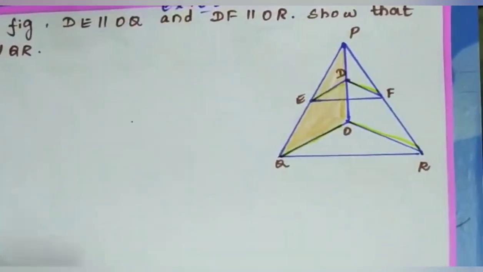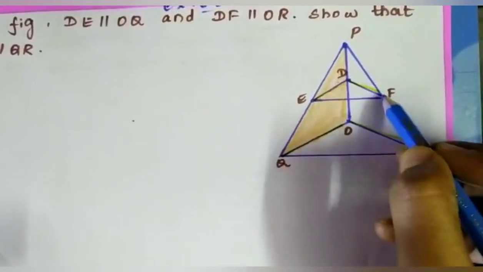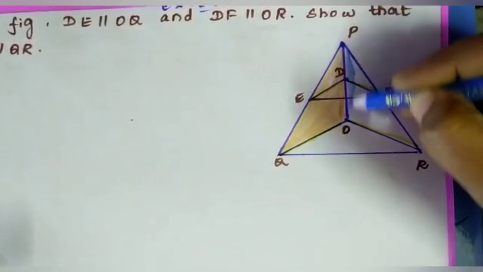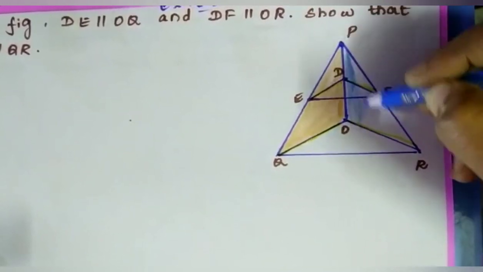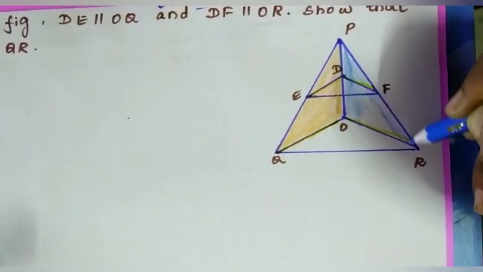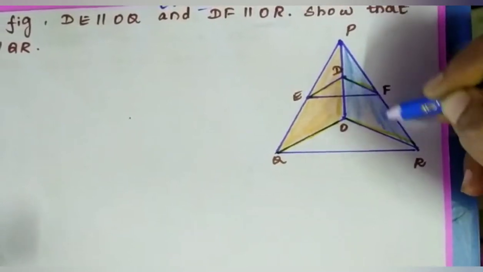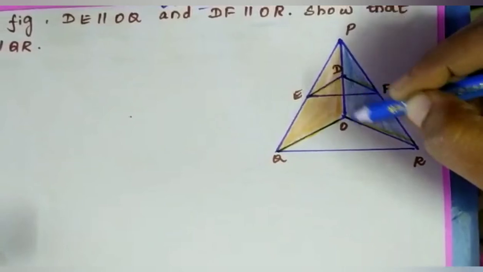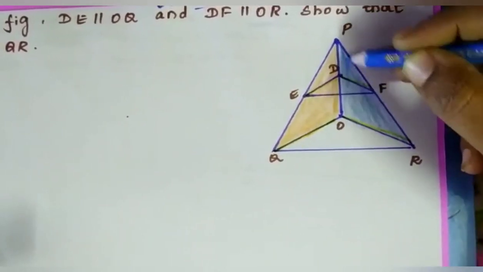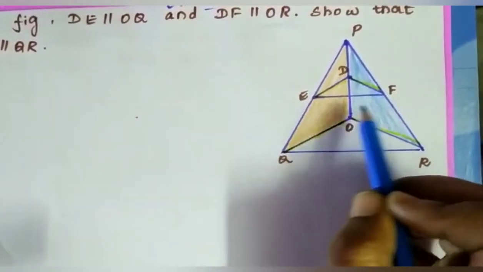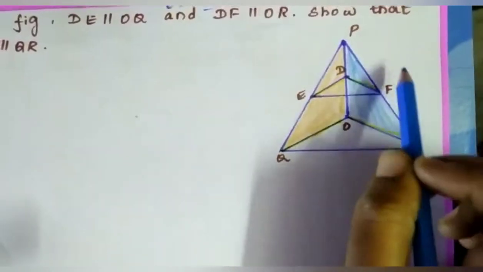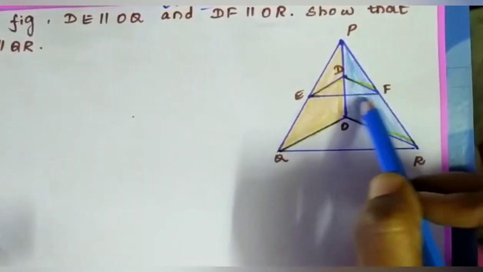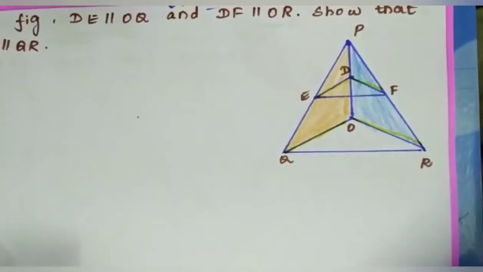And then DF parallel to OR. This is the next triangle you have to take. From these two triangles we can conclude that the sides are in the same proportion. After finding the sides are in the same proportion, we can tell that EF is parallel to QR.